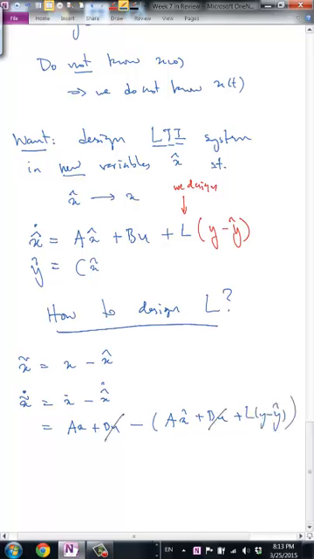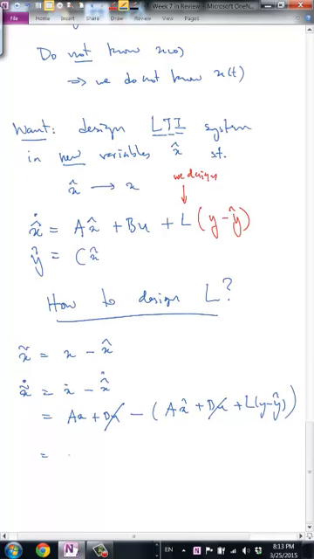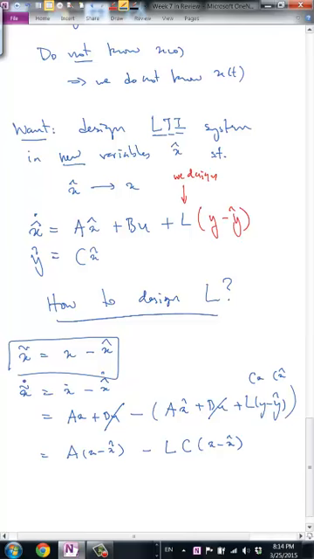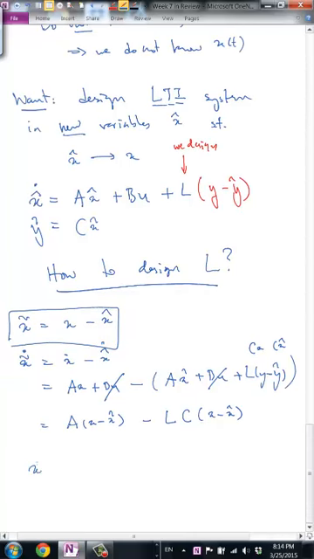Notice that the Bu's cancel, and we're left with A times x minus x hat minus L, and let me write y as Cx and y hat as Cx hat. So minus L times C times x minus x hat. And noting that x tilde is x minus x hat, we can therefore write that x tilde dot is equal to A x tilde minus LC x tilde, or x tilde dot is equal to A minus LC times x tilde.